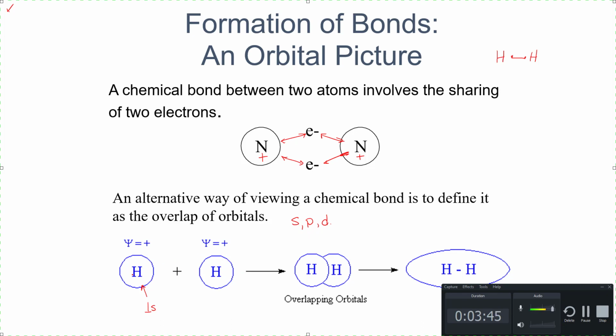So the idea of forming a hydrogen molecule in the orbital view is to overlap those two orbitals, those two mathematical descriptions, in order to form the single bond. And the orbitals can either be viewed as waves or particles.